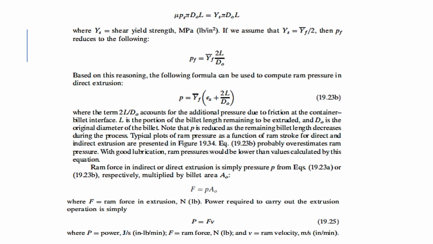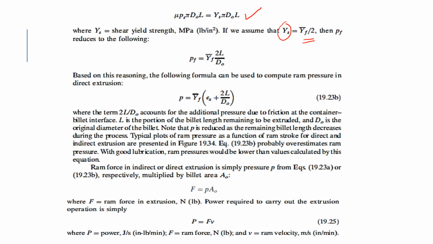If the worst scenario happens, so assumption on the stress equal to the yield strength happens, so this equation will be produced, and then if we assume that the Ys is half of the average flow stress, the PF is reduced to the following.